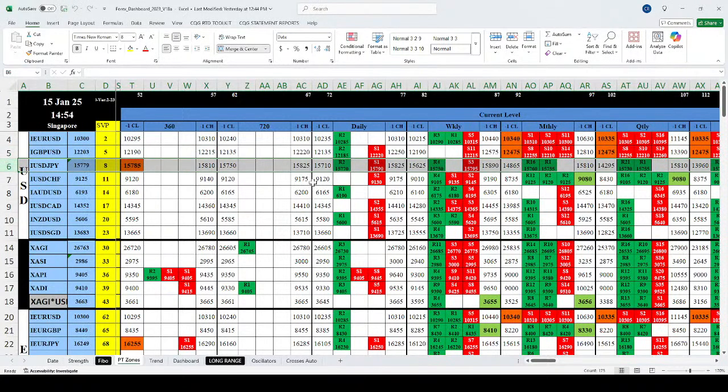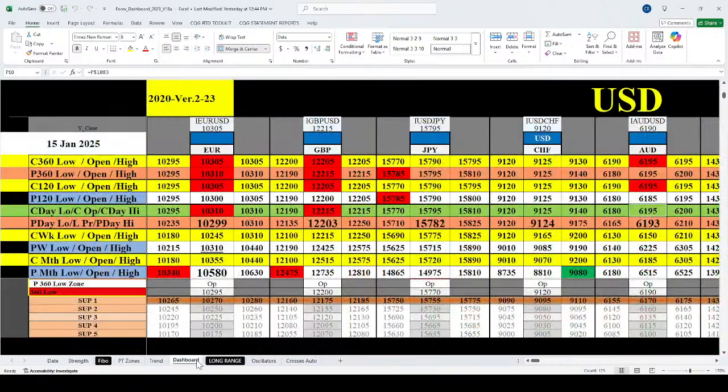We see the dollar yen flat. Sorry. Then the daily is also a mixed signal. Weekly is also a mixed signal. Okay, so that means we'll play a cautious game.